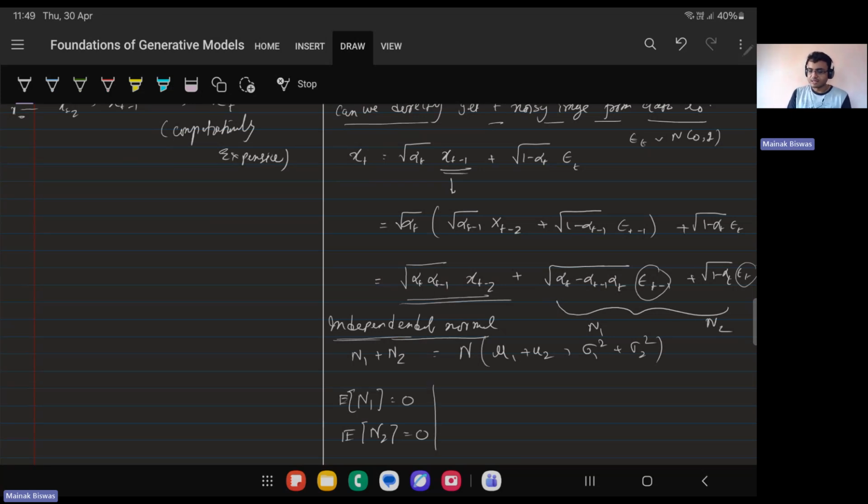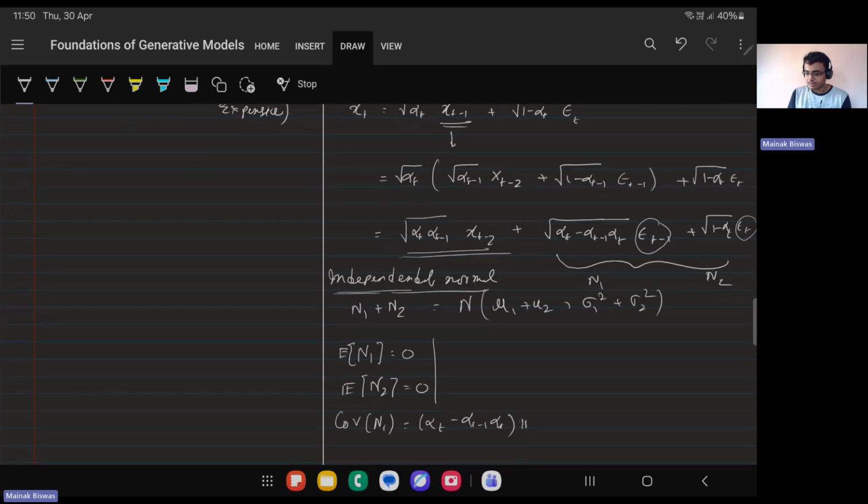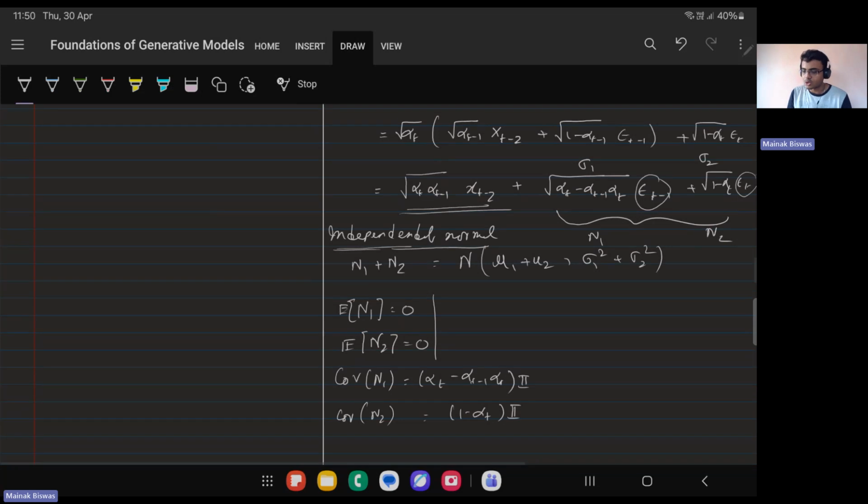Similarly, the variances: the covariance matrix of normal 1 is alpha_t(1 minus alpha_{t-1}) times the identity matrix. The covariance matrix of normal 2 is 1 minus alpha_t times the identity matrix, right? Because this is just the multiplication factor, this is just the square of the sigmas, right?